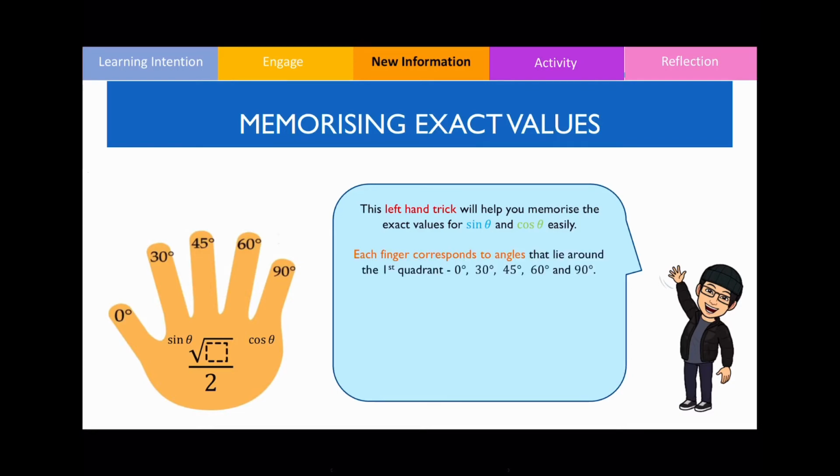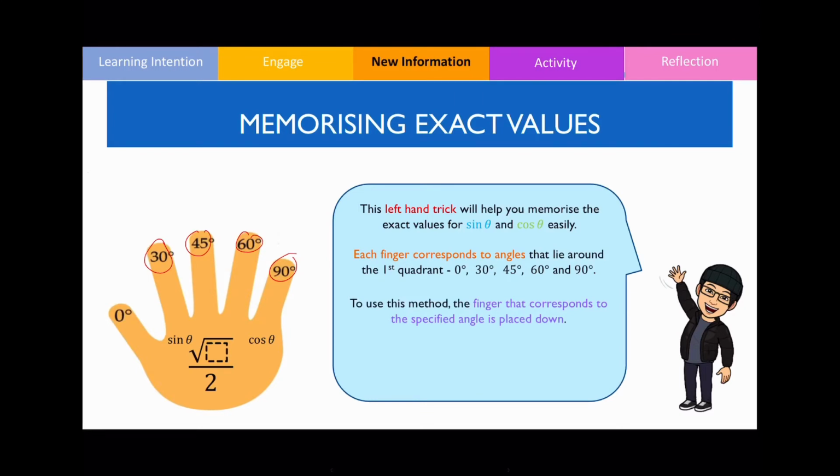Each of these fingers in your left hand corresponds to a common angle around the first quadrant. It starts from 0 degrees, then 30, then 45, then 60, and then 90. Obviously you should also know the radian equivalents as well. Now that you know that, to use this method you need to put down the finger that corresponds to the angle specified in the question.